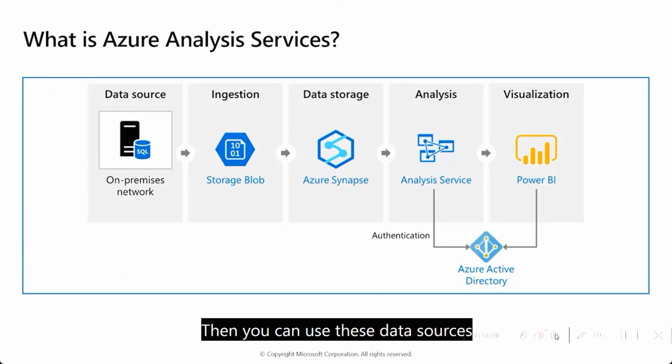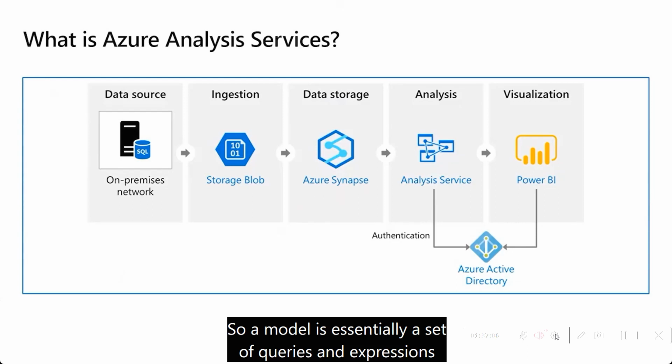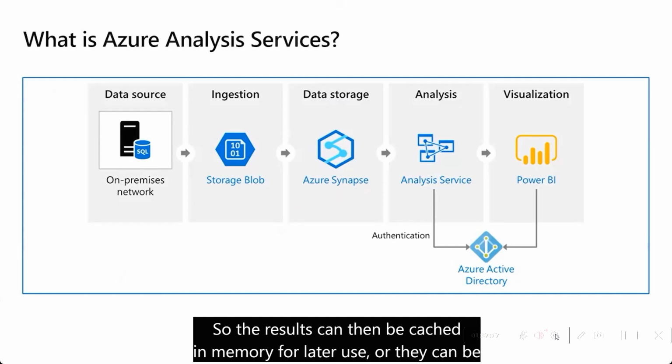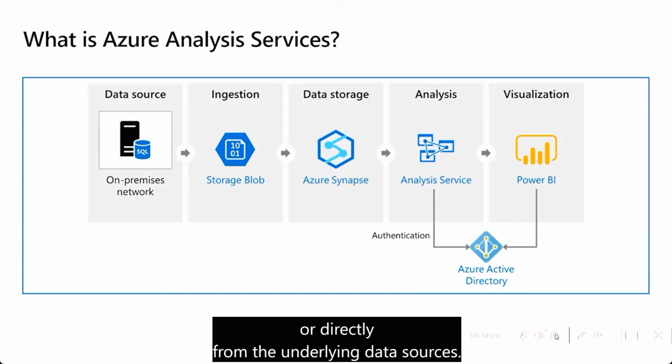And then you can use these data sources to build models that incorporate your business knowledge. A model is essentially a set of queries and expressions that retrieve data from the various data sources, and that can then be used to generate results. The results can then be cached in memory for later use, or they can be calculated dynamically directly from the underlying data sources.